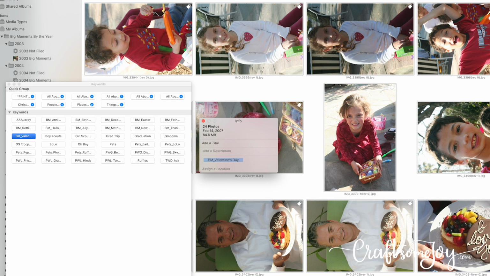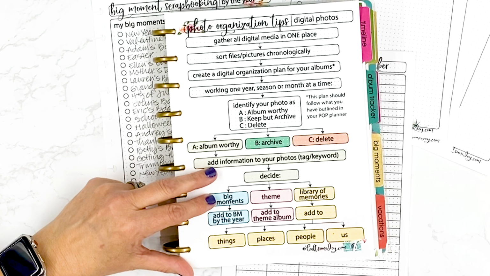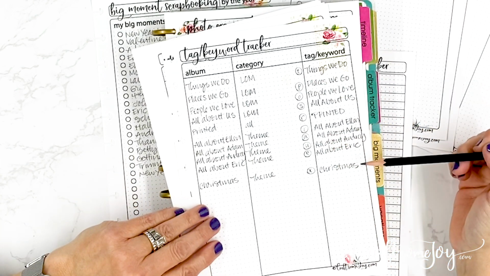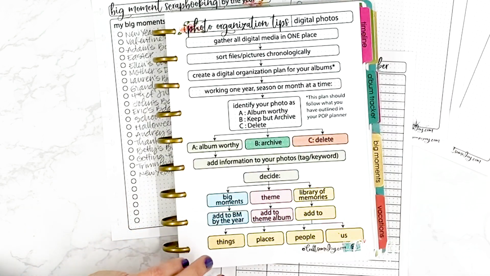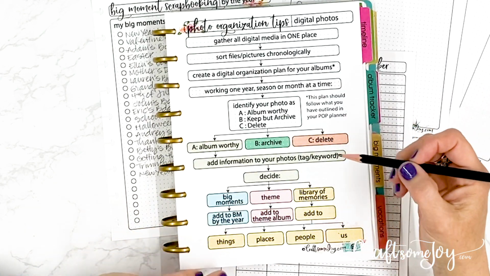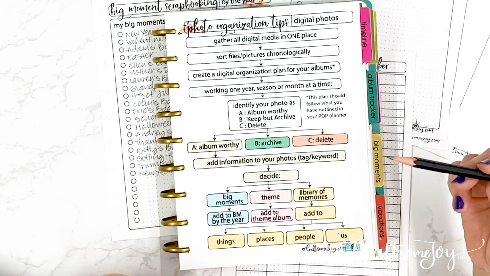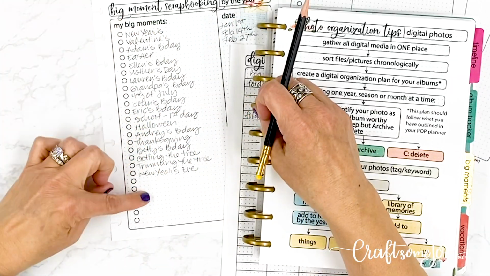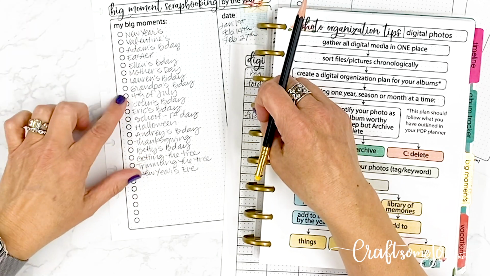Now that's one of the keywords that I use in my digital organizing, and we're going to talk a little bit more about keywords and how to keep track of all those, but that is one of my keywords. So big moments, BM_Valentines, because I know that's one of the things that I am going to be looking for every year.